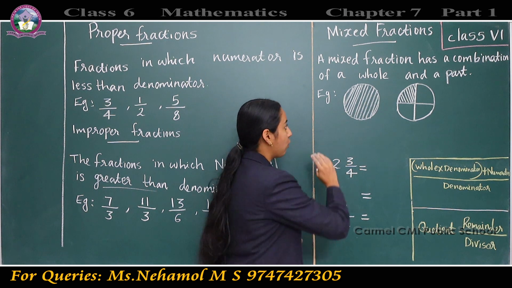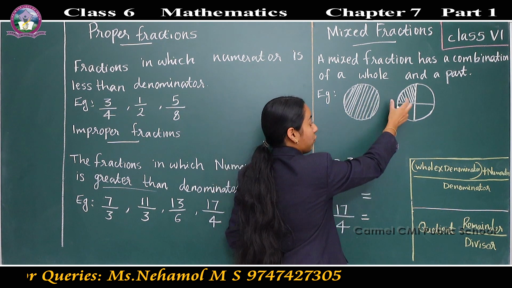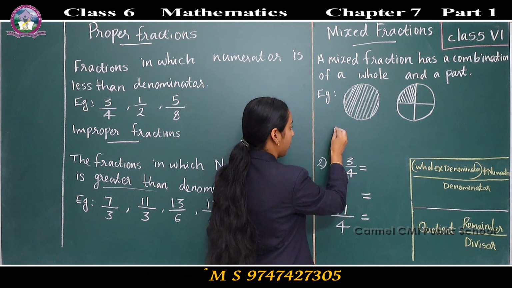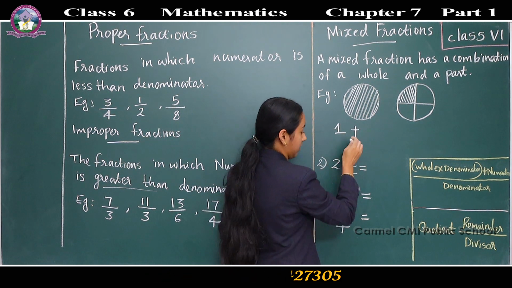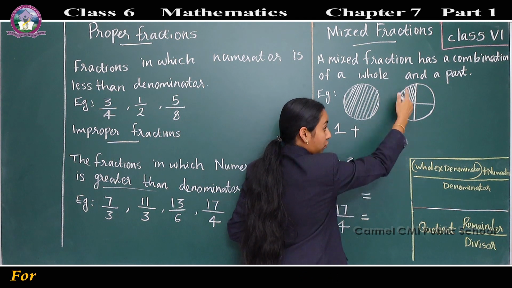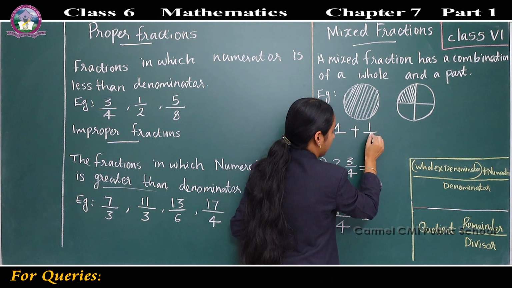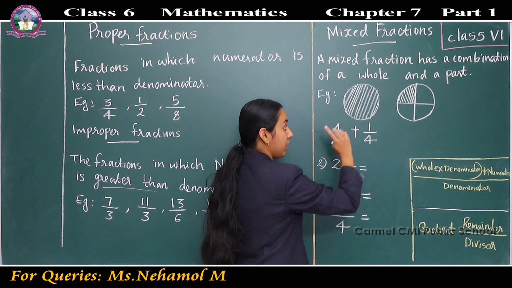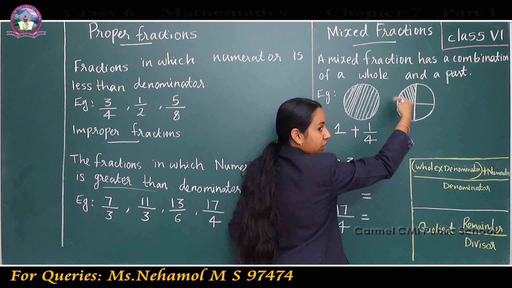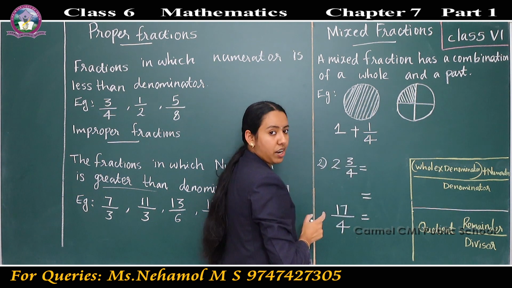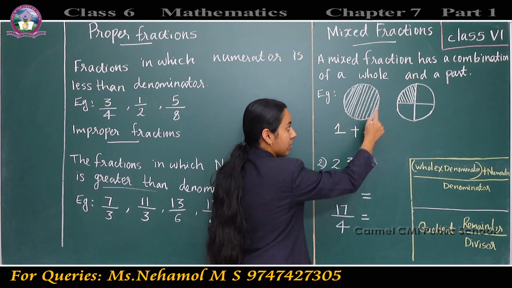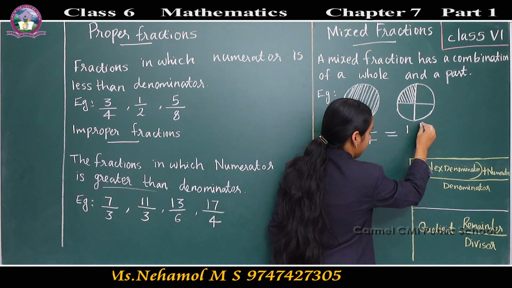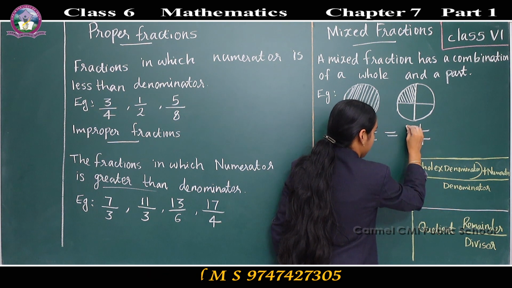Suppose we want to take one whole and 1/4 of another whole, then the corresponding fraction is 1 plus 1 by 4. In short, we can write it as 1 1 by 4.